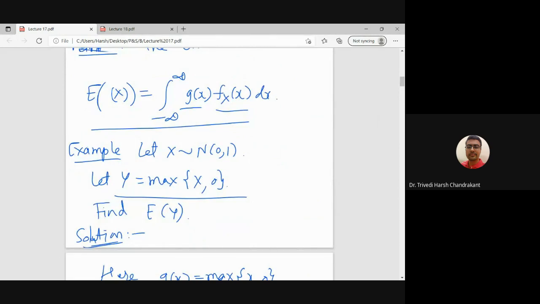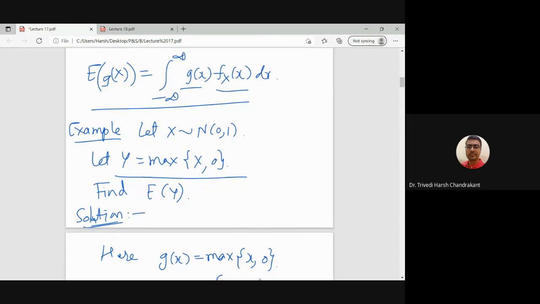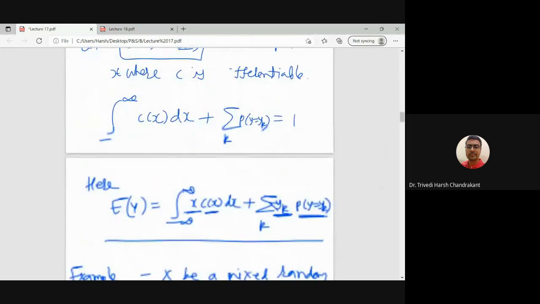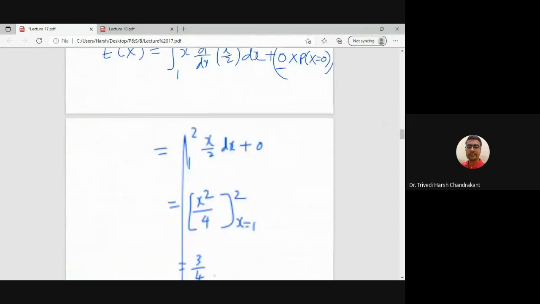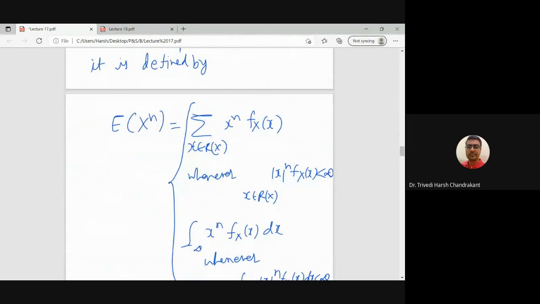This is the continuous version of that, and we have seen some examples. Also, we discussed the mixed random variable case, and then we discussed the nth moments.